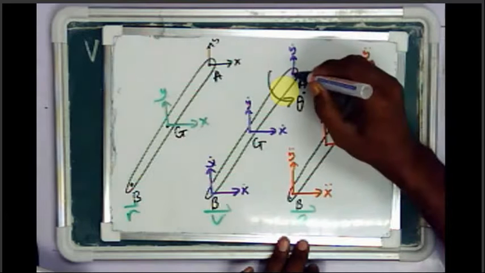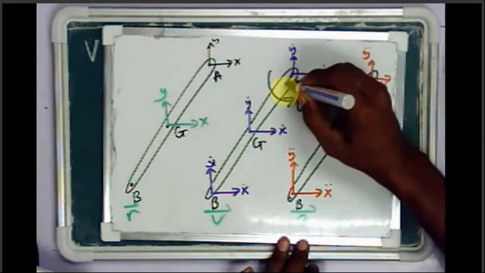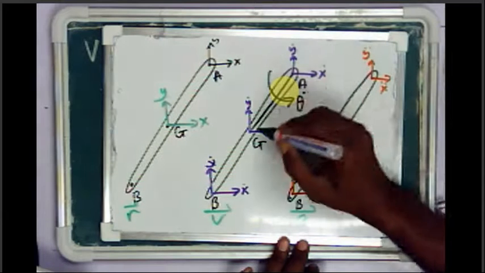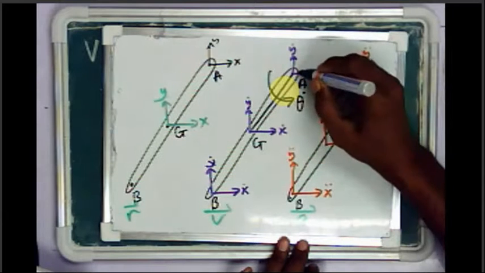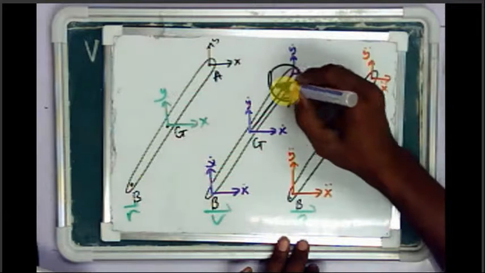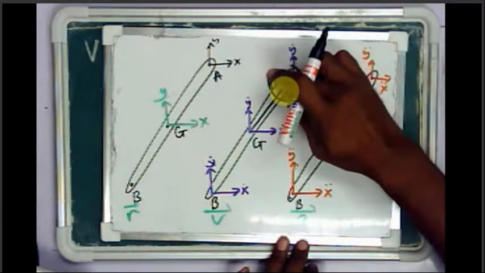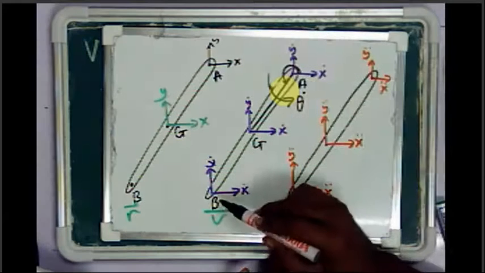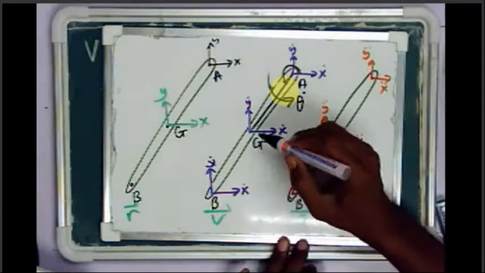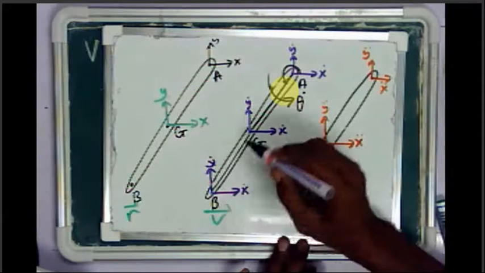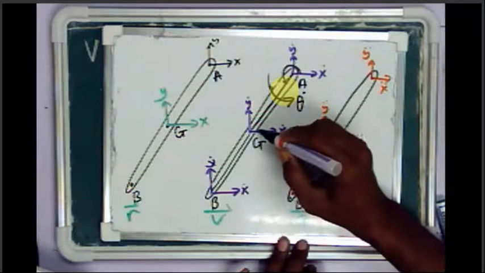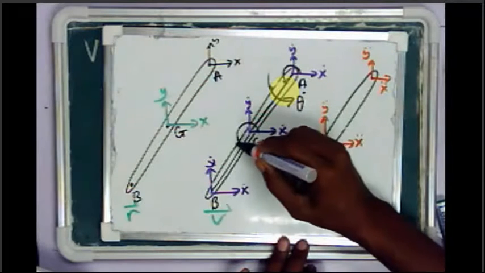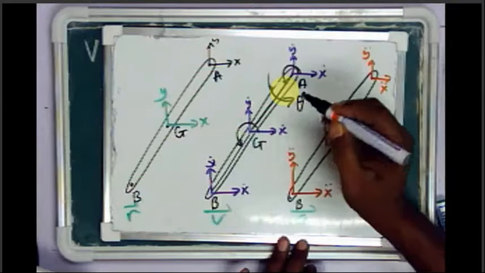because if we want to evaluate the position G from A, the angle is measured from that location, right? Similarly, if you want to evaluate B from G, that is the radial location, and we evaluate the angle from that position, right?